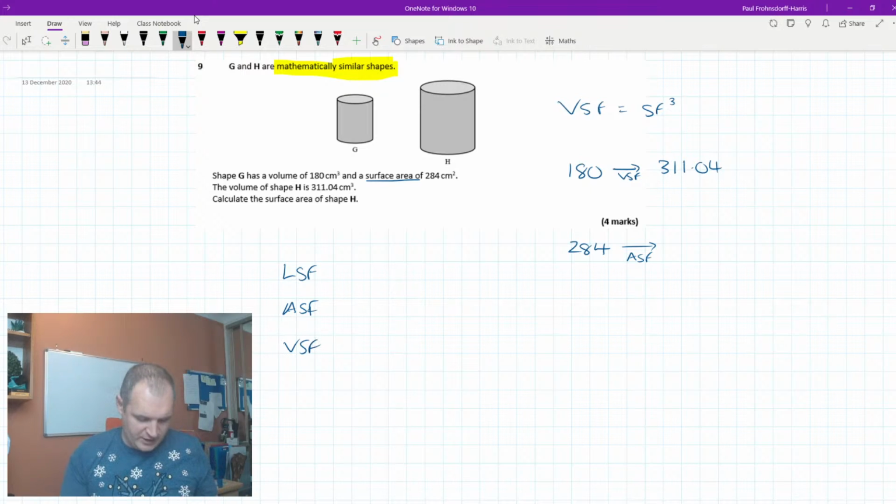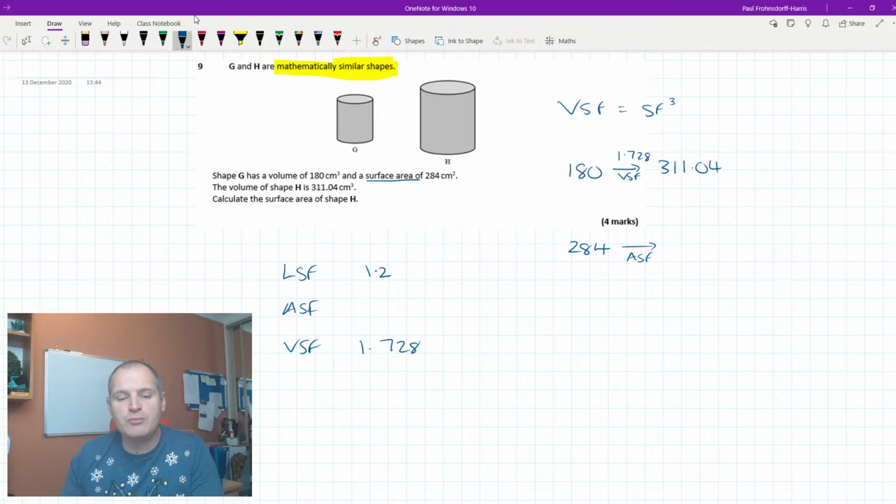311.04 divided by 180 tells me that it is 1.728, was the volume scale factor. But to get the length scale factor, I'm going to cube root that, which on my calculator needs a shift button. And that goes to 6 over 5, or if I press the turn to a decimal, it's just 1.2.